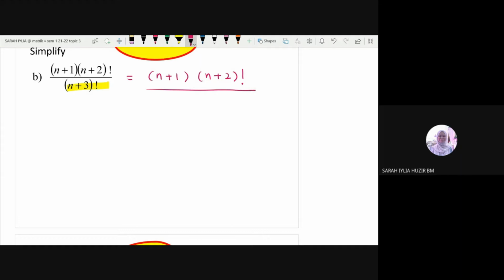Denominator we have to open up. So, we will get n plus 3, n plus 2 factorial. Sebab n plus 3 minus 1 dapat n plus 2. Once again, n plus 2 factorial, awak dah boleh cancel out. So, final answer in this case, n plus 1 over n plus 3.